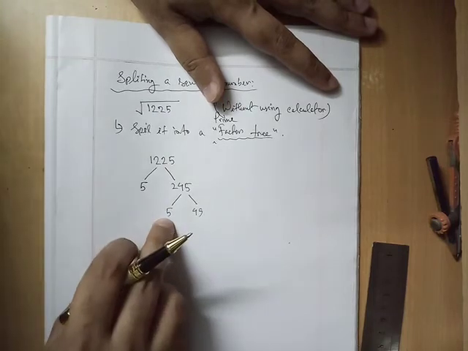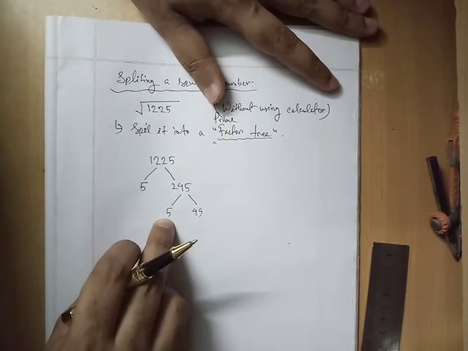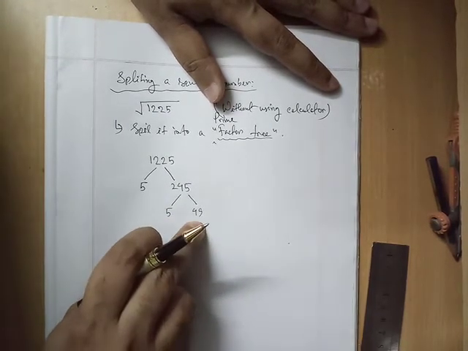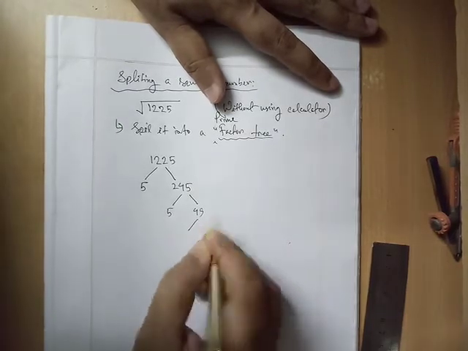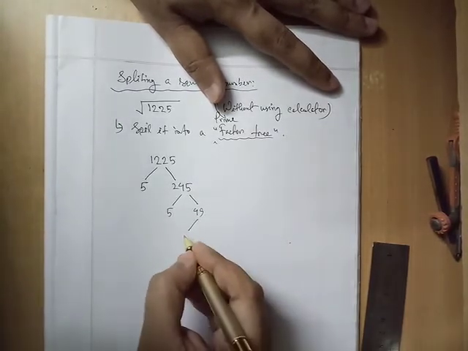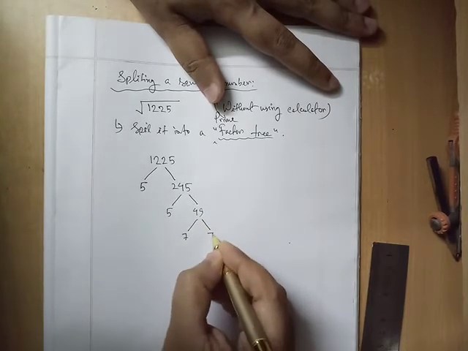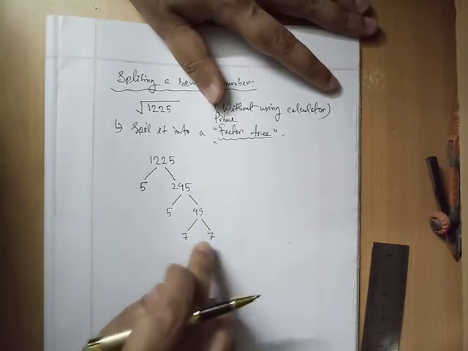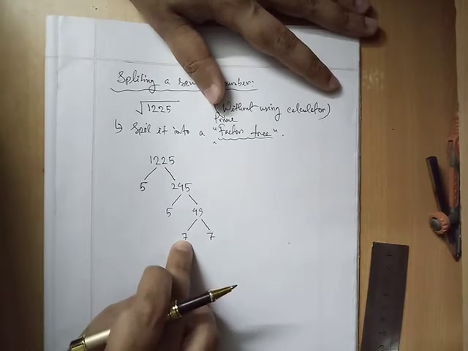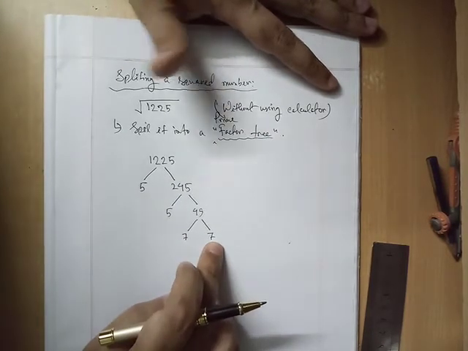Now again I have already got a prime factor here, 5, so I don't need to break it up. I need to break this 49. 49 is divisible by 7, and the quotient is 7 7s are 49, so 7. Now 7 also is a prime number because it is only divisible by 1 and 7 itself.